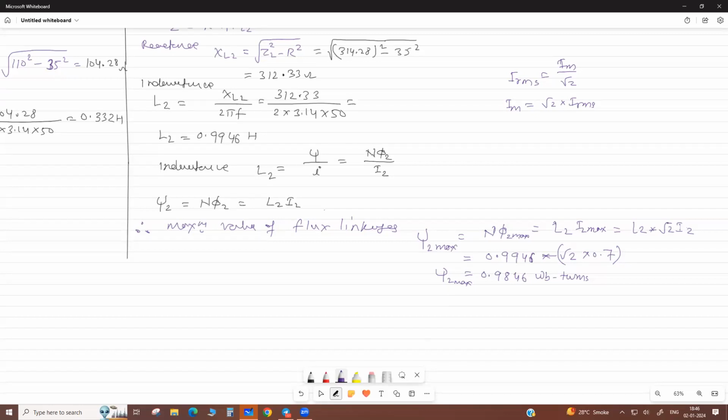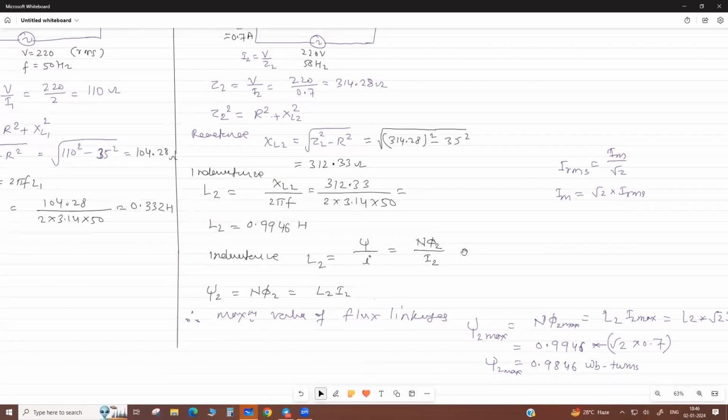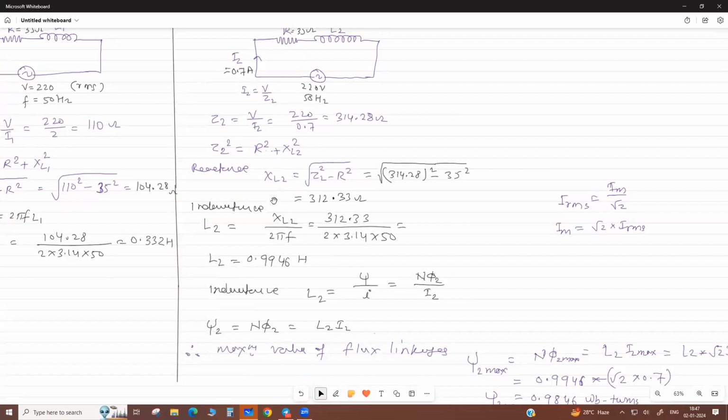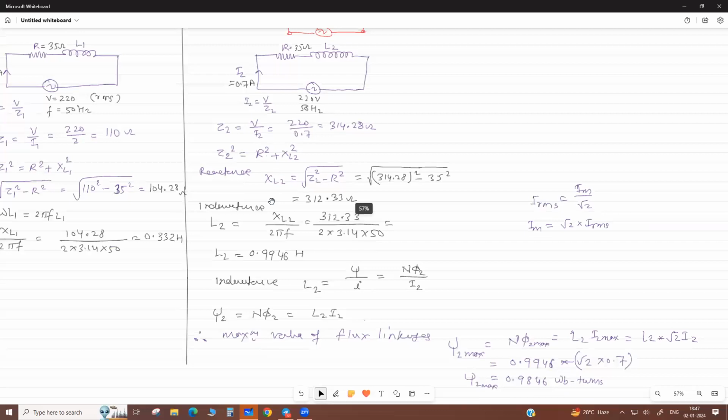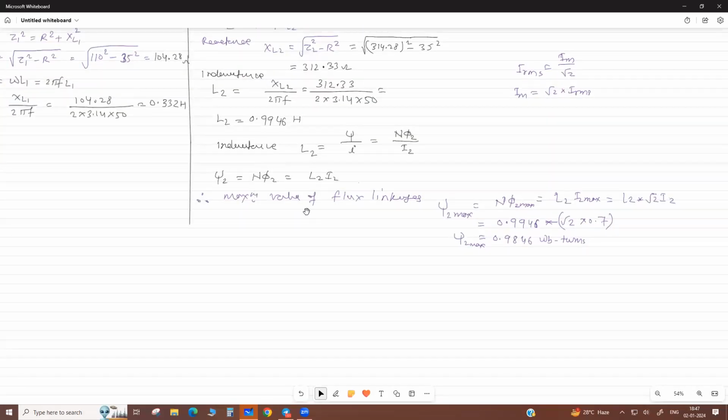If you know the inductance, up to inductance it is easy. Just impedance, then you know the resistance. This is the basic of RL series circuit. First you calculate Z, then XL, then L. When you calculate L, then flux linkage we can calculate in only one case, not here.